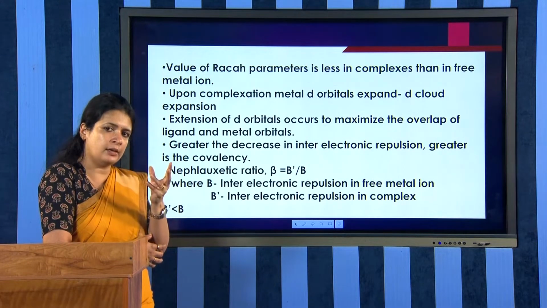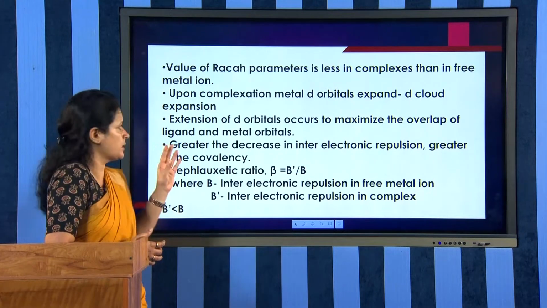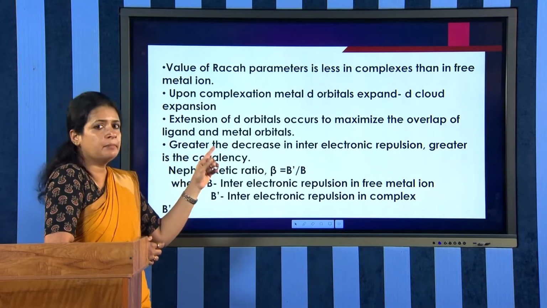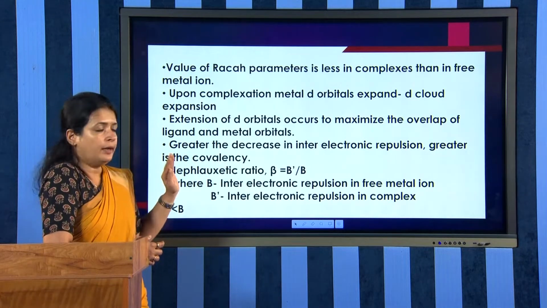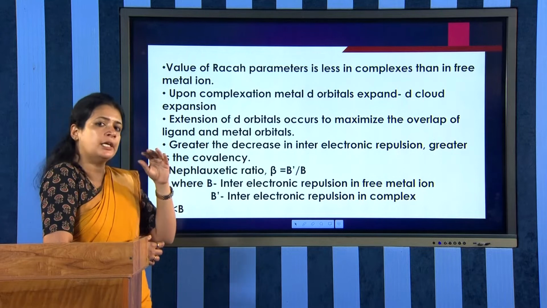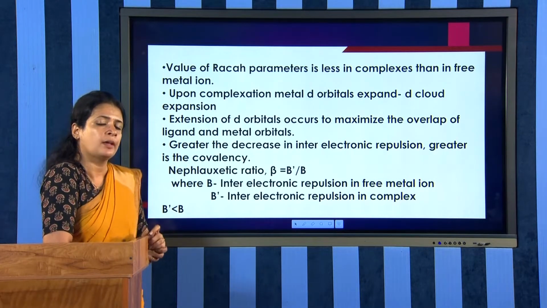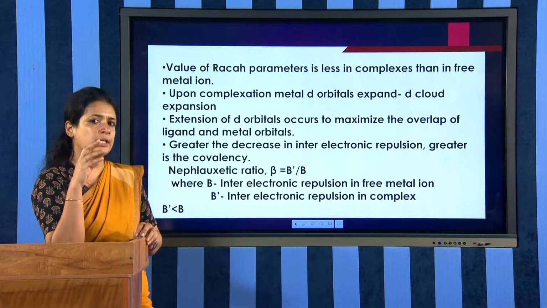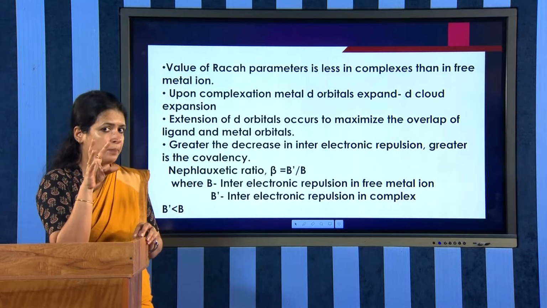Why are they expanding? For the effective overlap with the ligand orbitals. So, the extension of d orbitals occurs to maximize the overlap of ligand and metal orbitals. And the greater the decrease in interelectronic repulsion, the greater the covalency. Since the metal d orbitals have electrons, interelectronic repulsion is there.